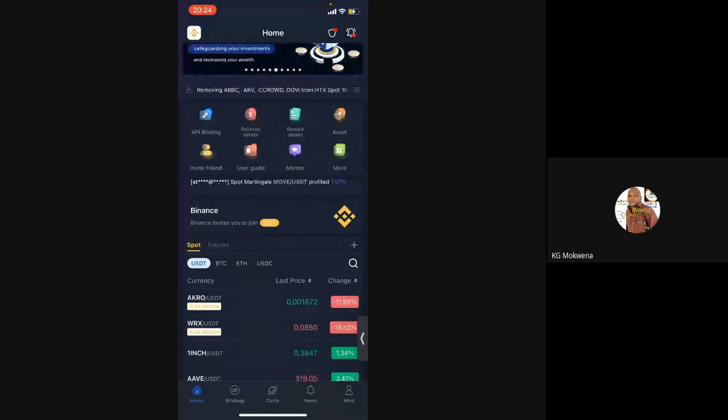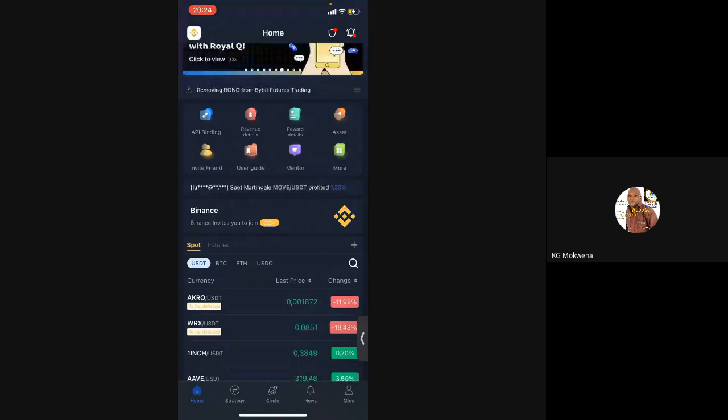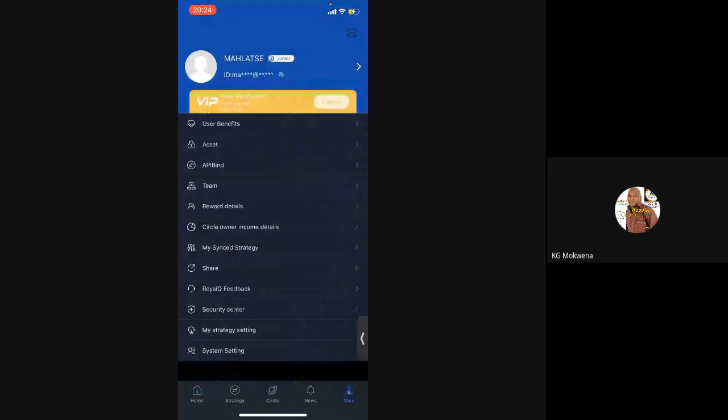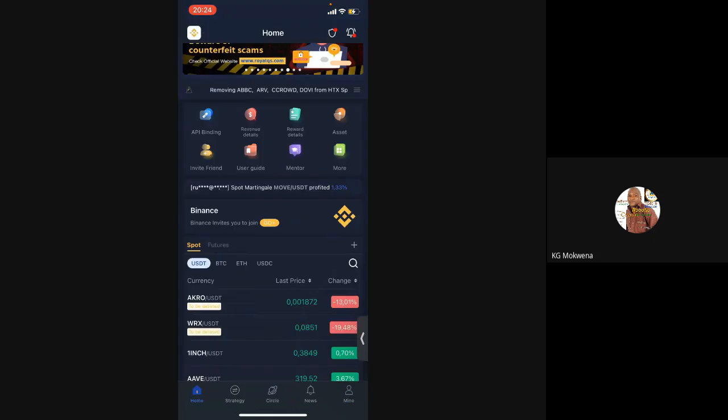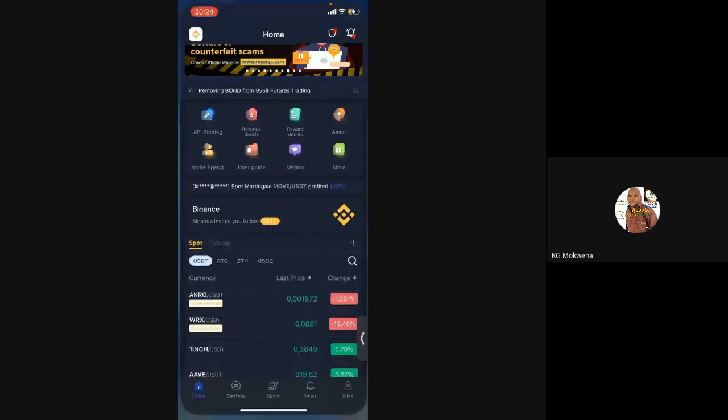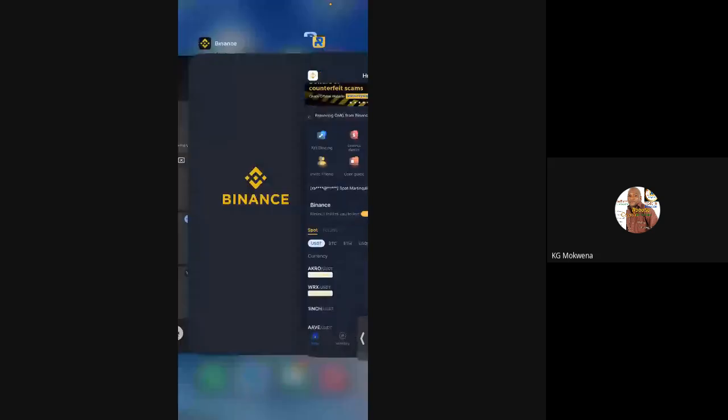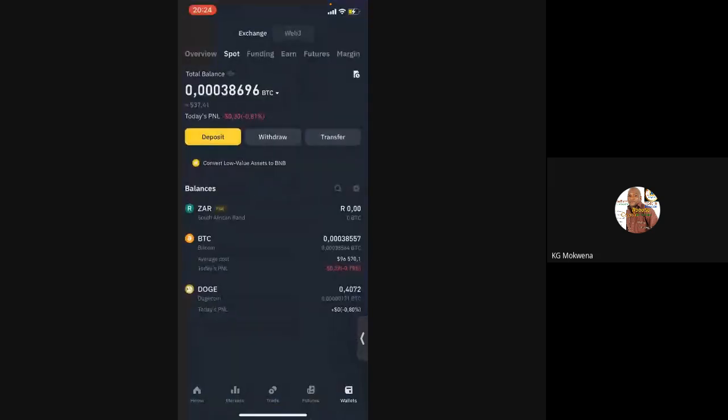So what we're going to do is this. Don't convert it now. Let's first go to wallets. We're going to convert the dust of Dogecoin because we have a small amount of Dogecoin there, which contributes towards the $37 that we saw. Can you see below deposit, it's written convert low crypto assets to BNB?